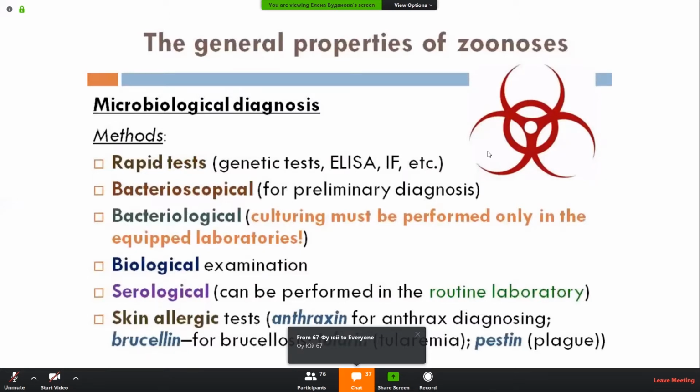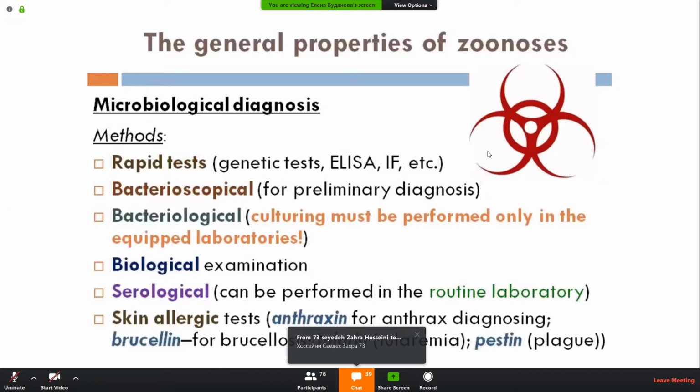Biological examination, as there are zoonoses, is also performed, and many rodents, for example, are sensitive to such parasites. Serological examination can be done for infections with prolonged duration, which do not kill the victim before we take serum.